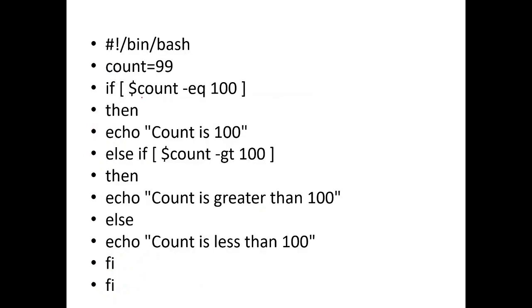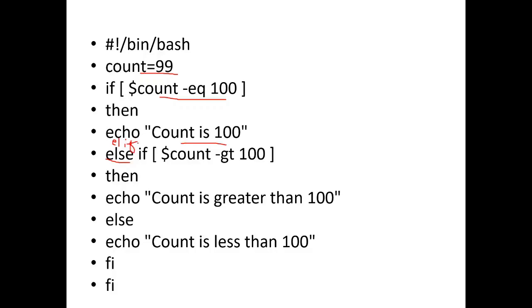See the example. In the count, we have the value 99, and if the count is equal to 100, it is going to print count is 100. See, we have used here else if, we have not used elif. So this is a separate if condition.